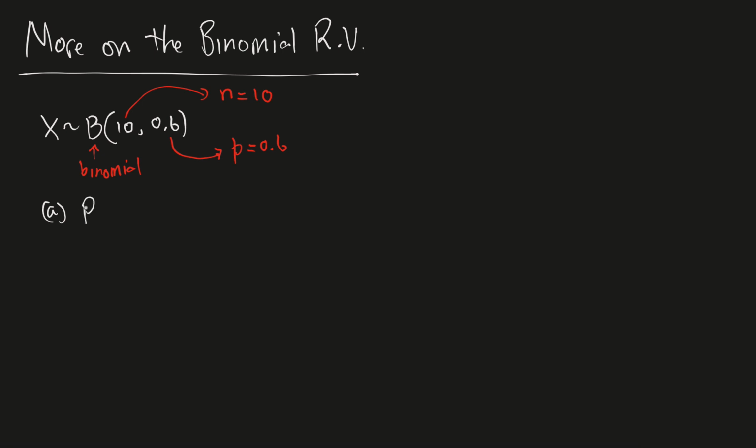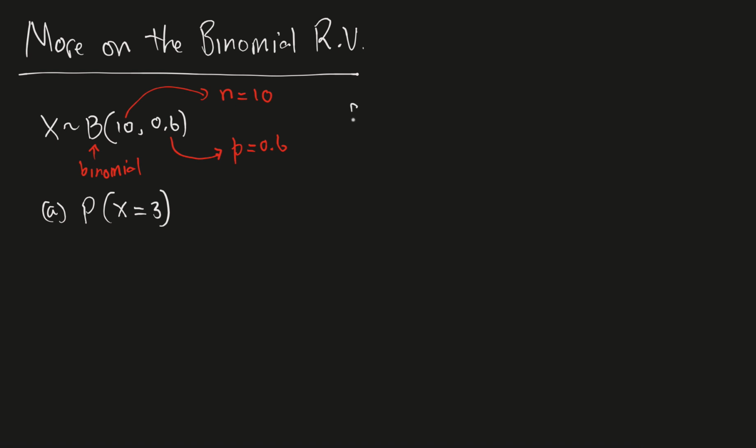we want to find the probability that x is equal to 3. So this is one of those probabilities where we're asked to find the probability that your random variable is equal to a specific number. Now for this, we have a formula for the PDF.